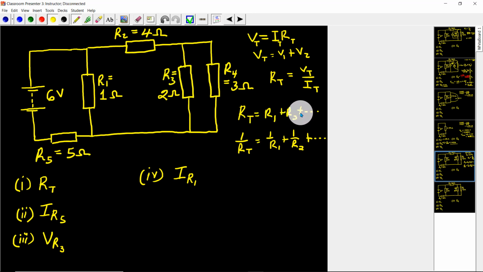But there is a point where I can use this equation directly, because when I look at R3 and R4, they are in parallel. So I can combine them and get one single resistor which represents the 2 of them without that value being affected by the 4 ohm resistor or the 1 ohm resistor or even the 5 ohm resistance here.